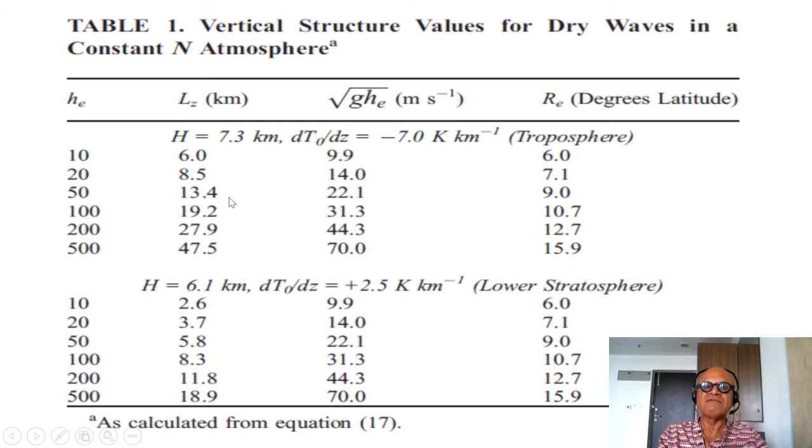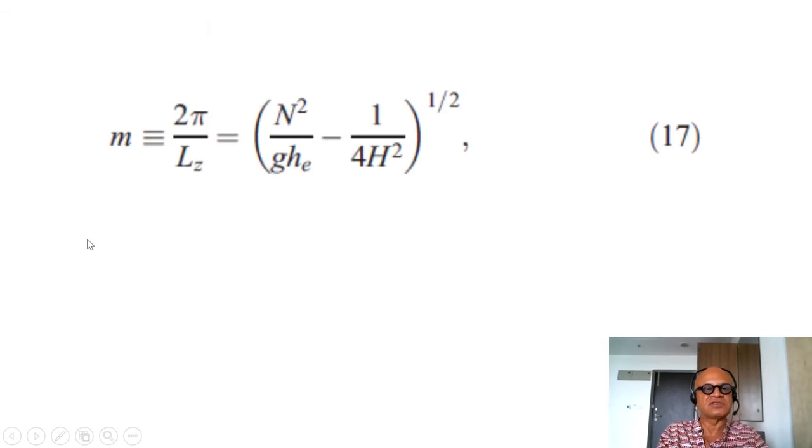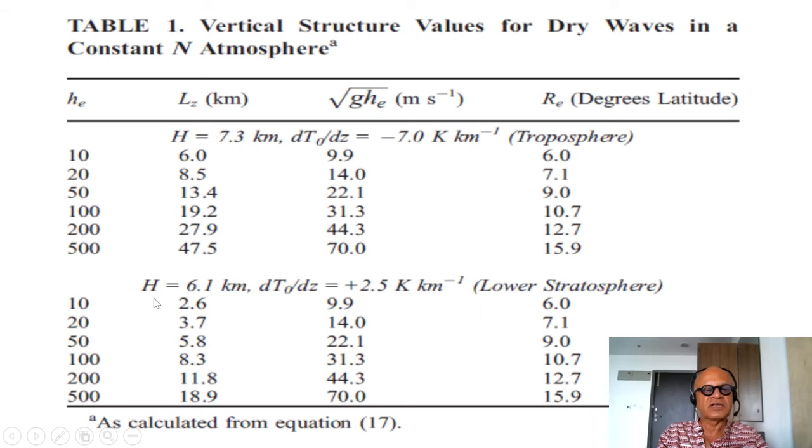But for convectively coupled waves, where you have the heat source, the equivalent depths that we get are much smaller compared to the wavelength and the corresponding equivalent depths we get from this relation. Okay, so that's something that has to be resolved. We'll see that in a minute.